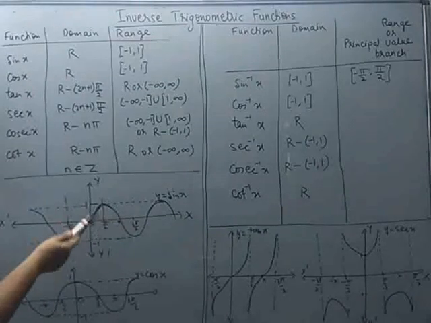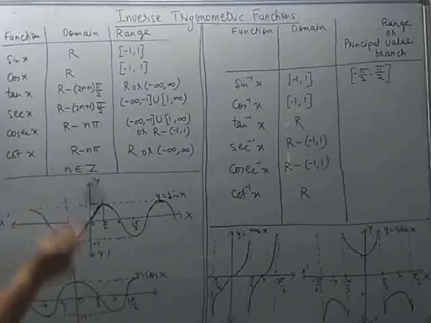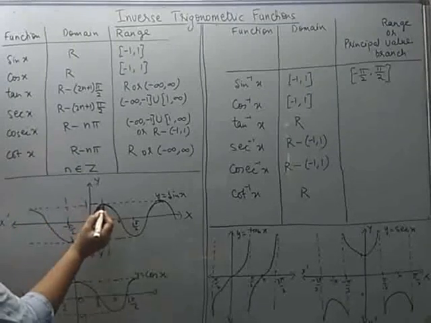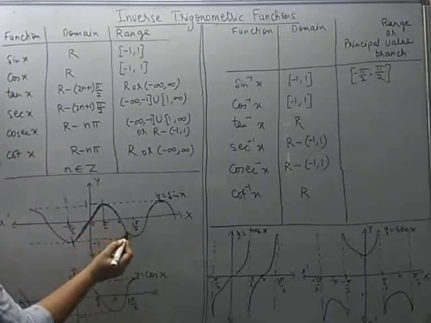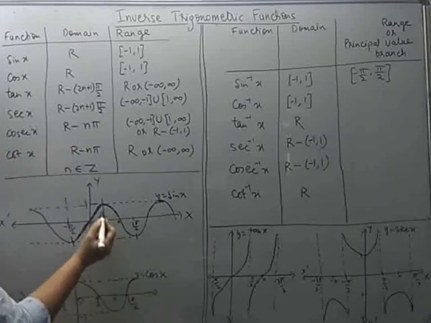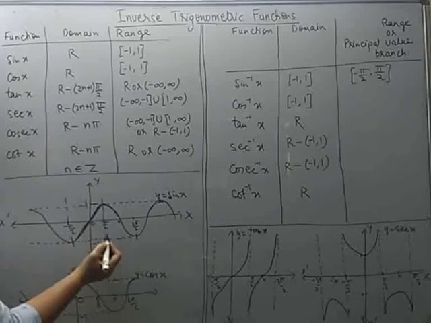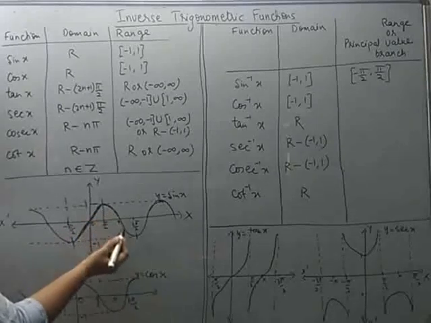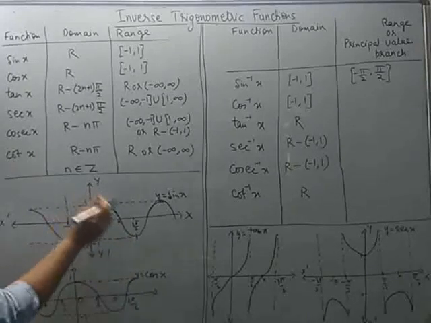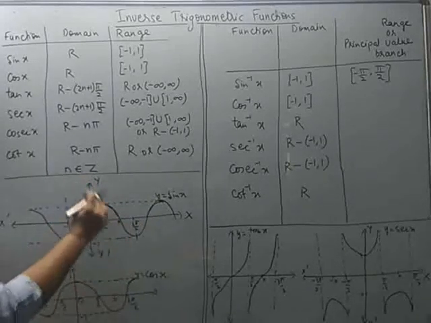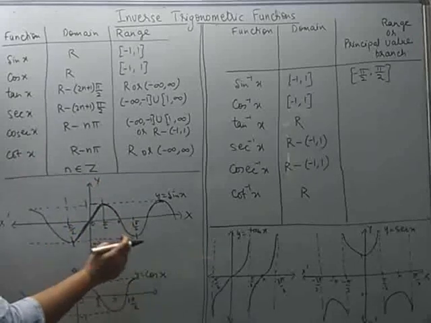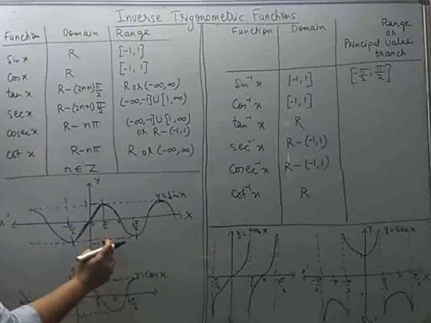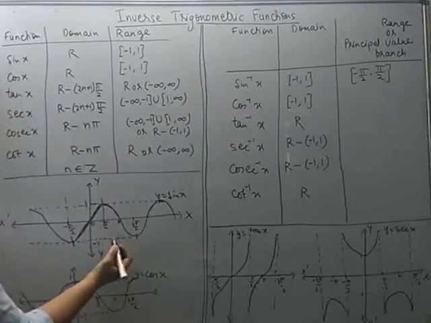Now you may think why only this stretch of angle? If I go for this particular part, pi by 2 to 3 pi by 2, then also I am getting all the possible values of y, that is from 1 to minus 1. Or let us say as the angle is increasing, the values are decreasing. The curve is falling, you can see. So we can go for another interval. Why only minus pi by 2 to pi by 2?